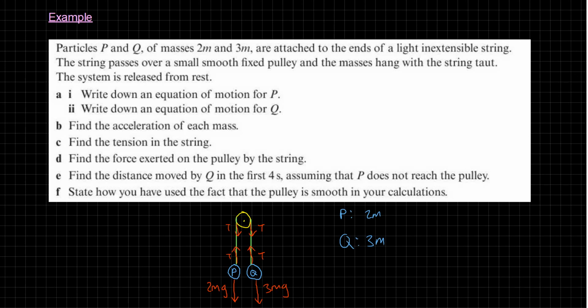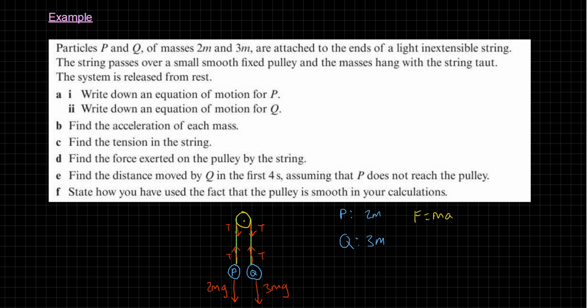Okay, so now let's look at the question itself. Part A, write down an equation of motion for P, and second part, write down an equation of motion for Q. Okay, equation of motion means we're doing F equals ma. So let's see, for P, F equals ma, and we need to pick a direction, don't we?